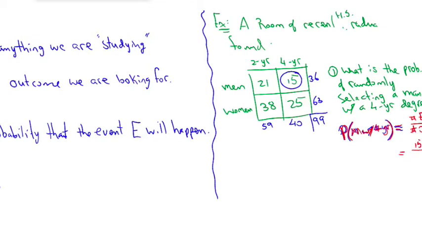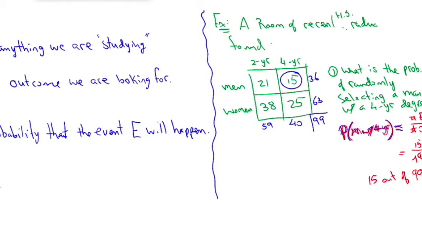Why would I exclude the poor women? Don't be prejudiced. So the probability of selecting a man with a 4-year degree out of the whole room is 15 out of 99. Another way of reading this is 15 out of 99. I gotta get you used to that because that's how they're written in Moodle.